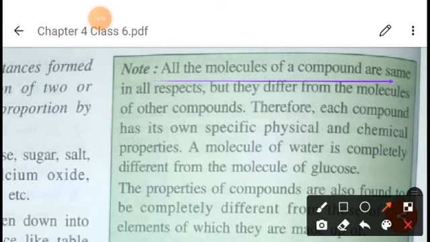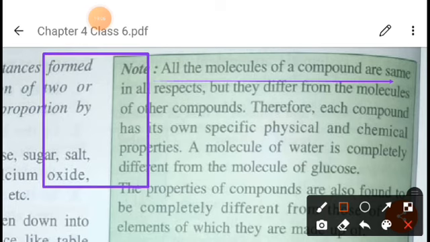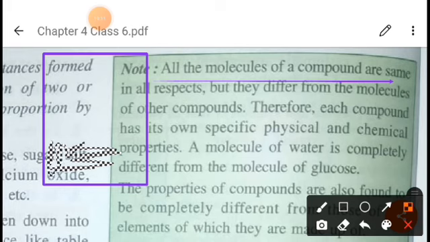Suppose this is a container, and in this container we have water. This is a compound, right? And each molecule of water is H2O.